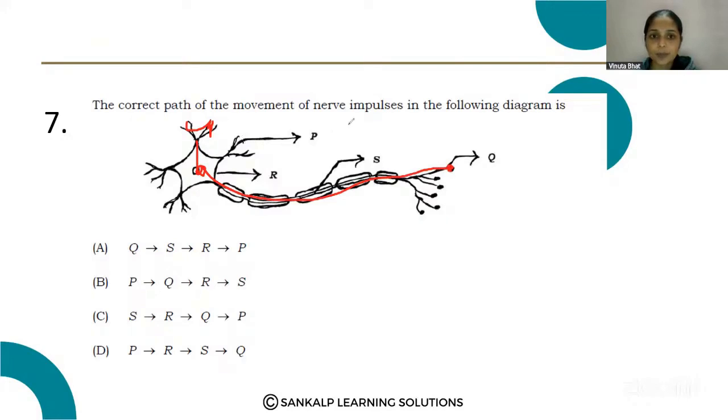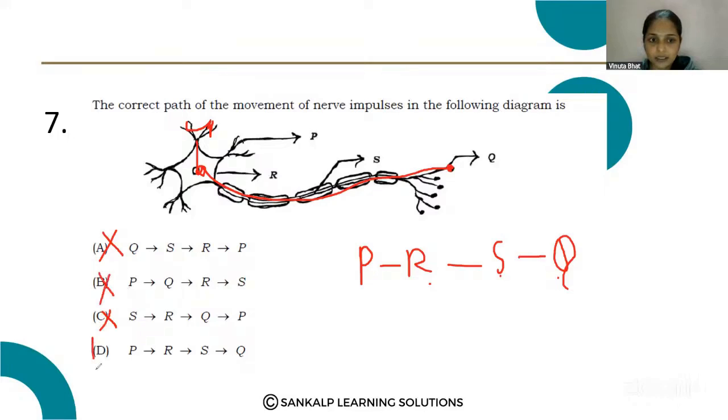So here P represents the dendrites, R represents the cell body, then S is the axon, then it reaches the nerve ending. P, R, S, Q. Option A is wrong, option C is also wrong. PQRS is wrong. The correct option is PRSQ. Option D is the correct answer.